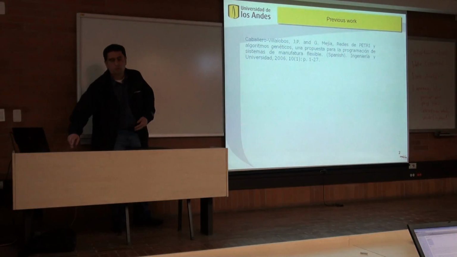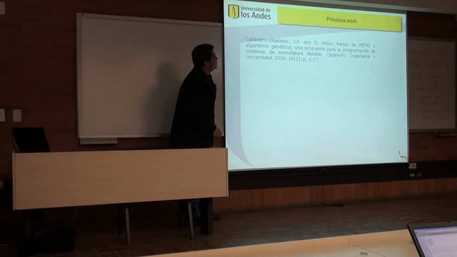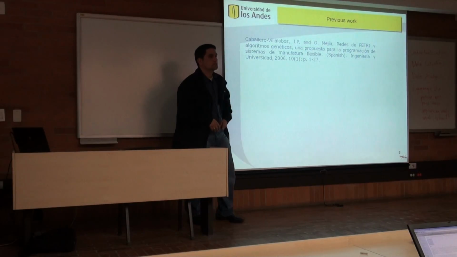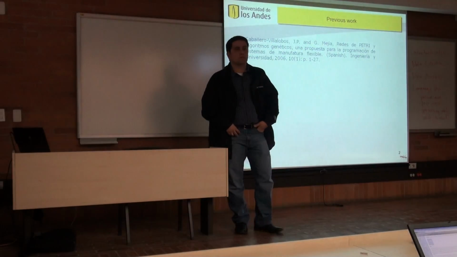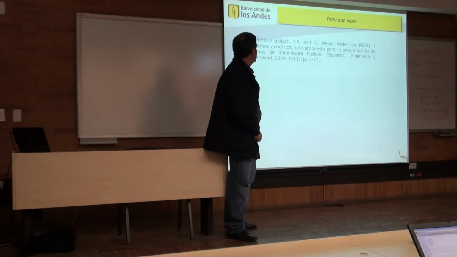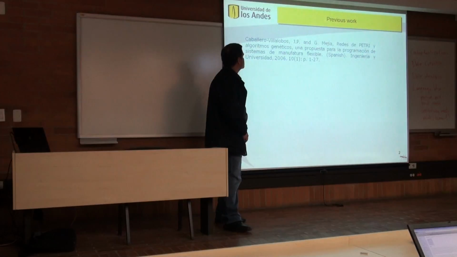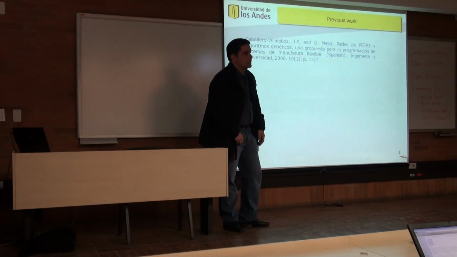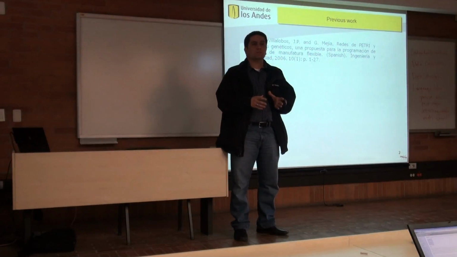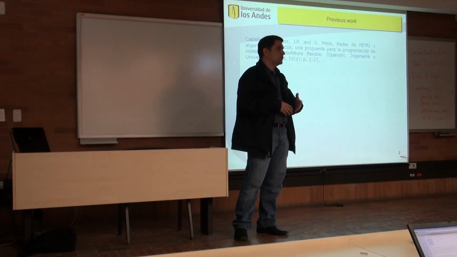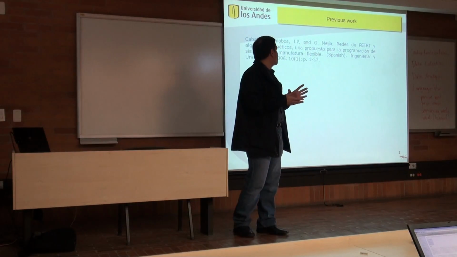Okay, the previous work that has been done in this investigation, you can read this paper. It's the result of my magister thesis. It was published in 2006, and it established the theoretical basis to use Petri nets and genetic algorithms.